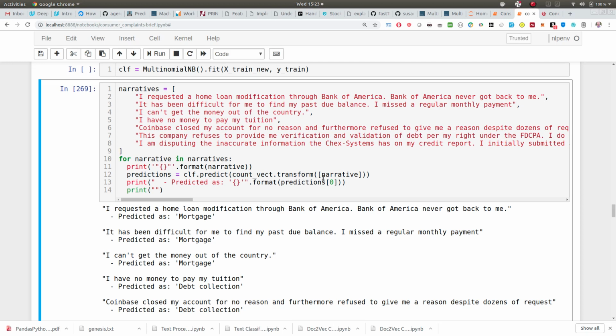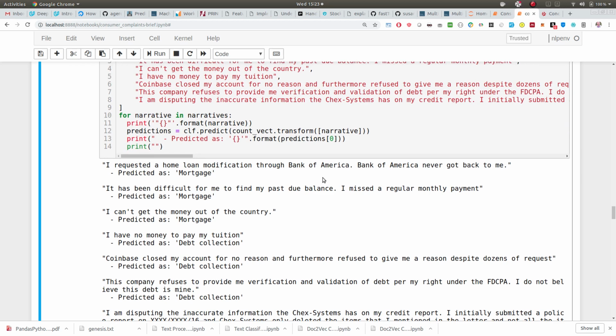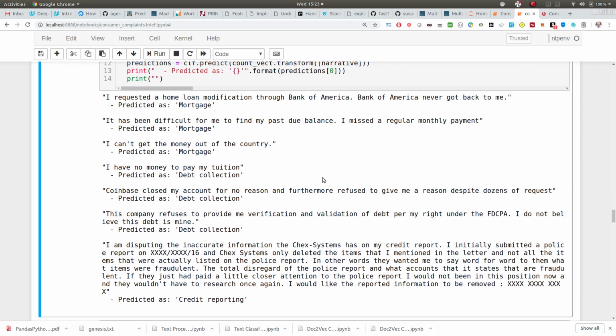Here we test our classifier on some sentences extracted from our dataset. As you can see, they're broadly accurate, but some stand out for not being so. So, debt collection, I would have thought, belongs to student loan. Here, I have no money to pay my tuition.